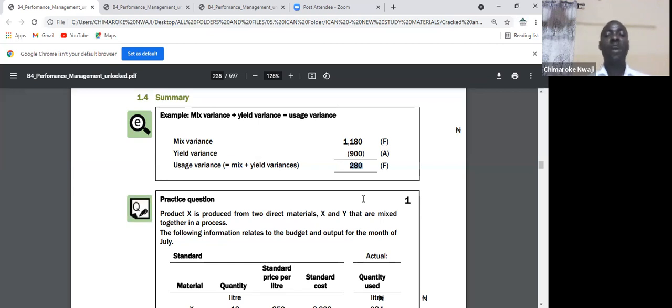But when you have materials A and B, you now look at mix and yield. And one criterion is that they must be substitute materials. If they're not substitute materials, then you cannot do it.